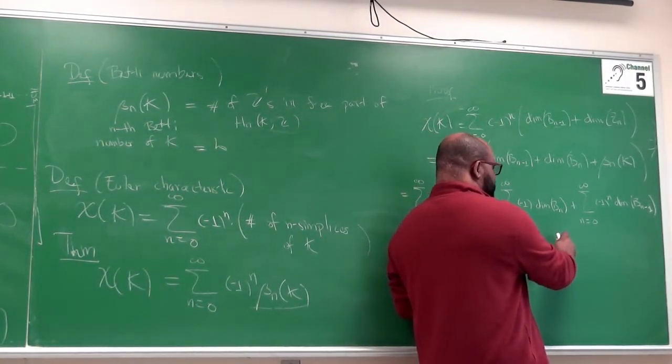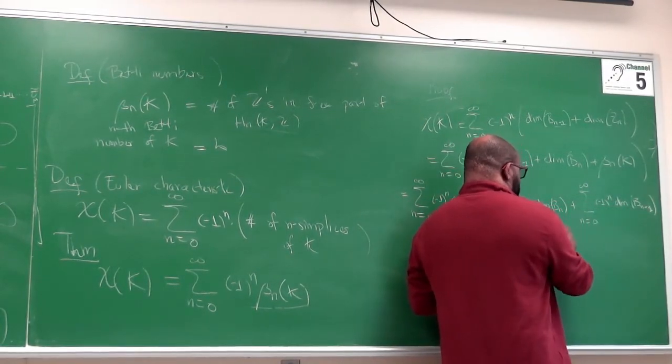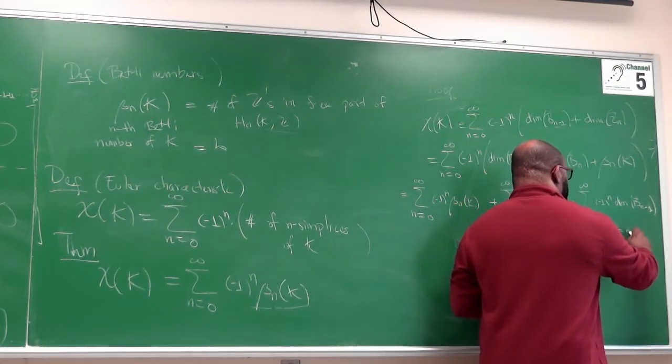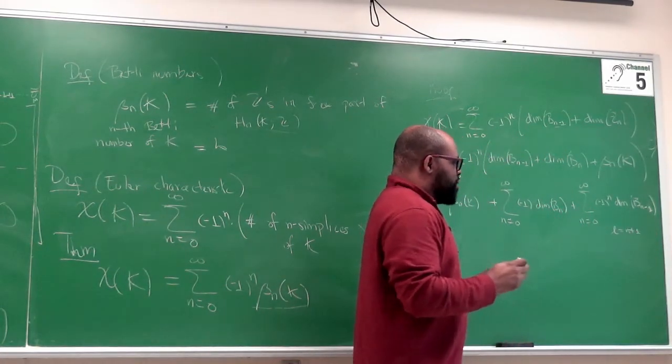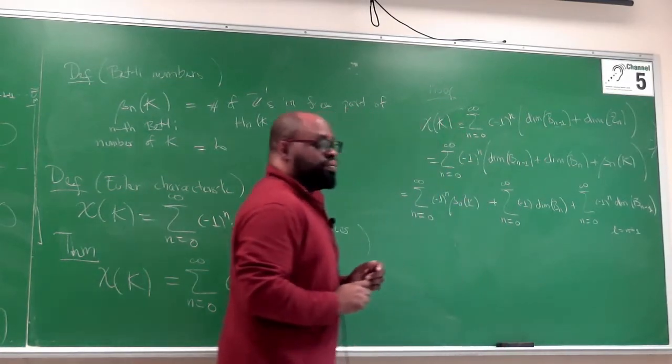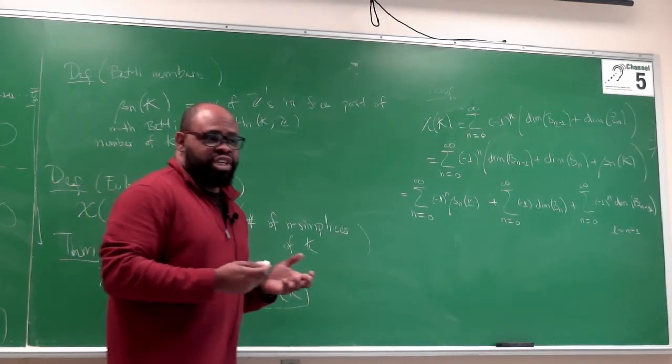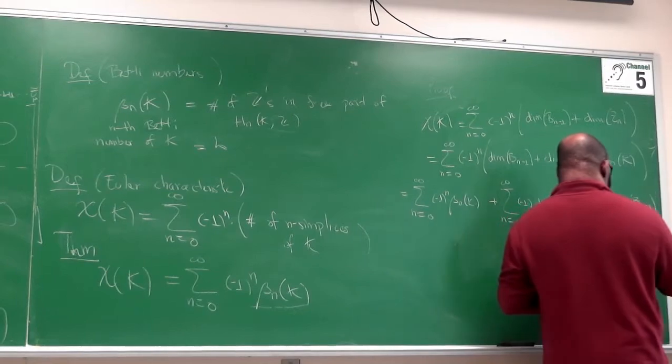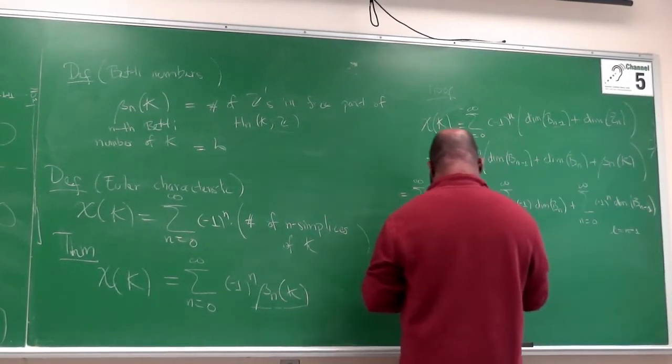If you do a substitution, let's say that you make L equal to n minus 1, you make that substitution just to change indices. So here you get L. Let's do it here at the bottom.